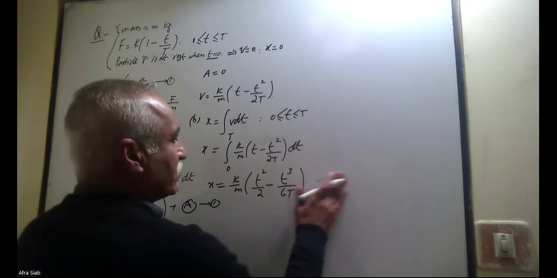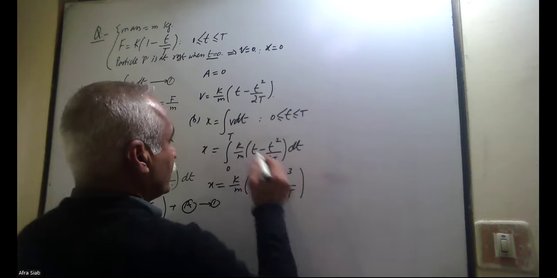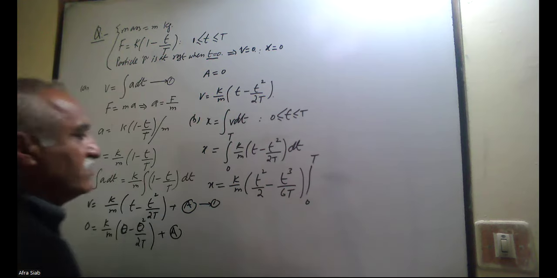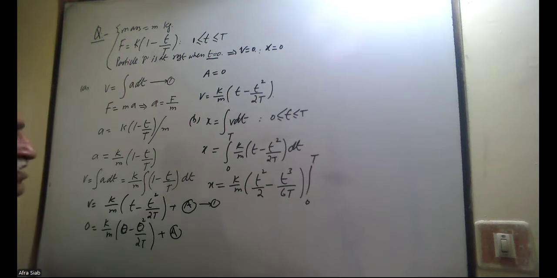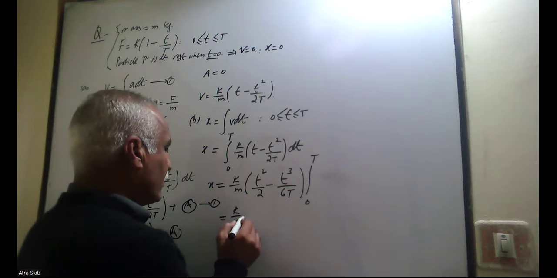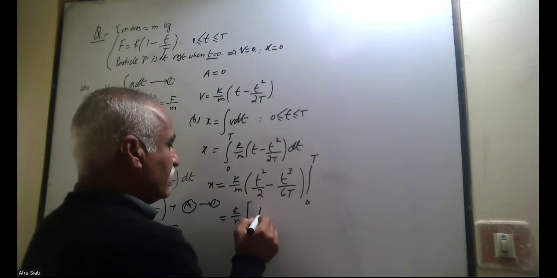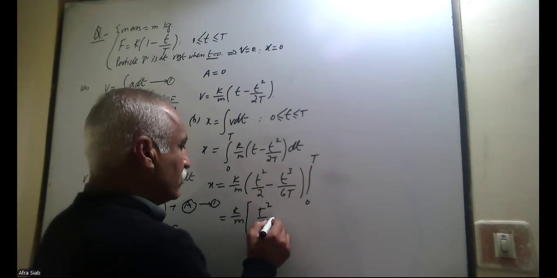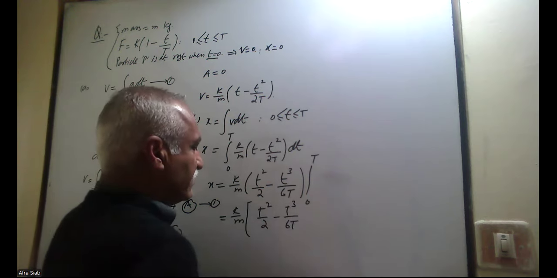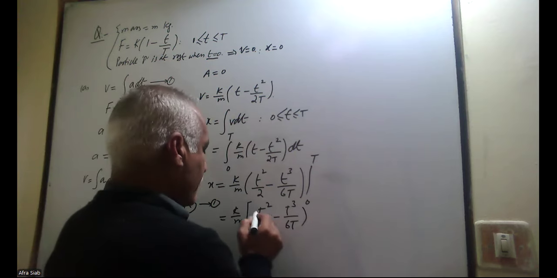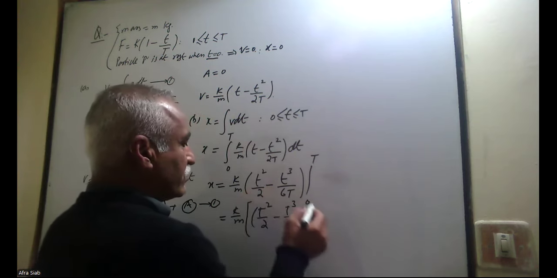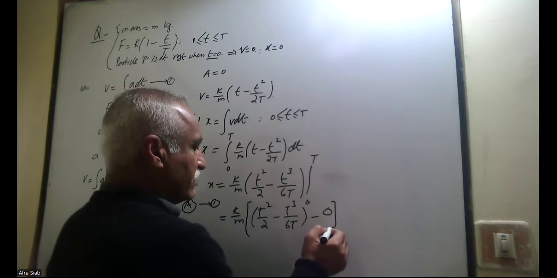Because we are putting the limits from 0 to T, so it will now become equal to k/m (T²/2 - T³/6T) minus, if you put 0, 0 squared is 0, 0 cubed is 0, so this will be 0 here.